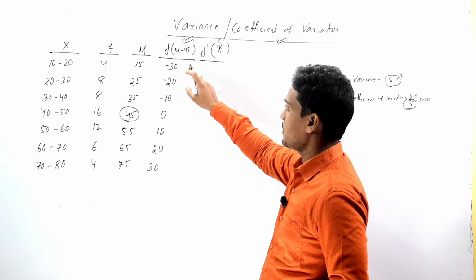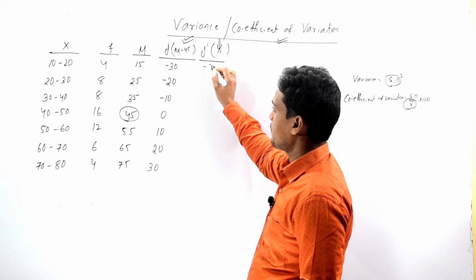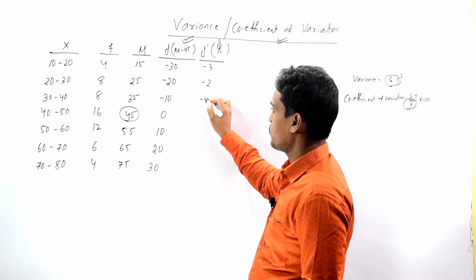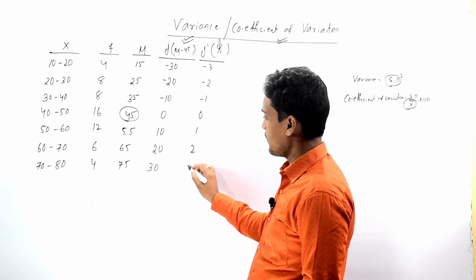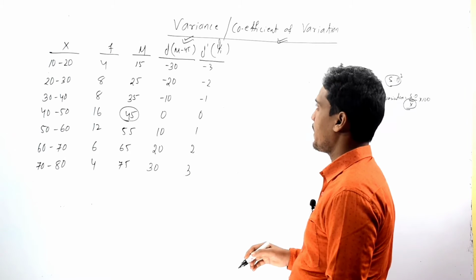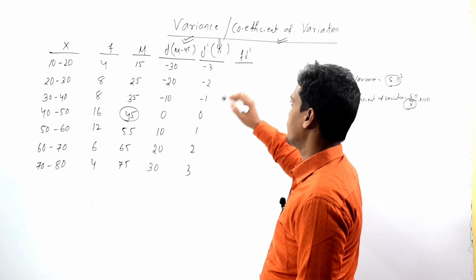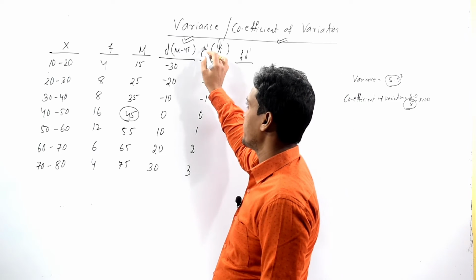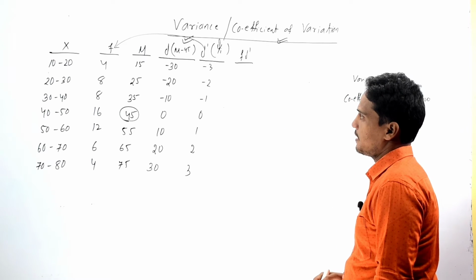So our D dash should be D divided by 10, that is minus 3, minus 2, minus 1, 0, 1, 2 and 3.